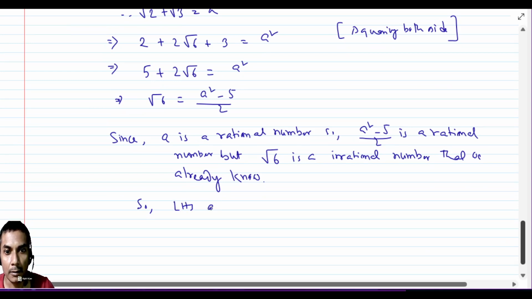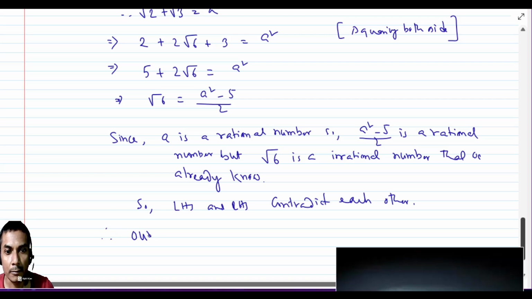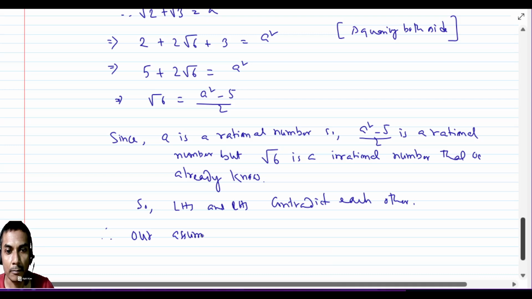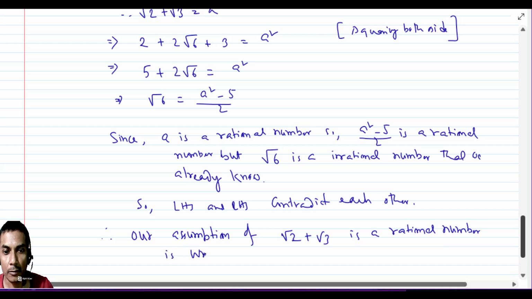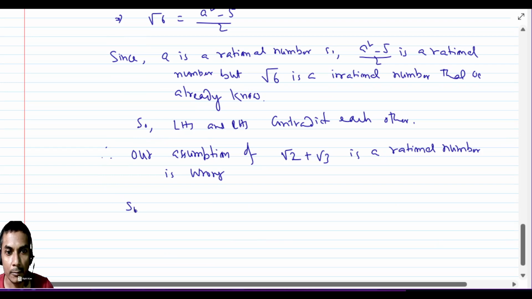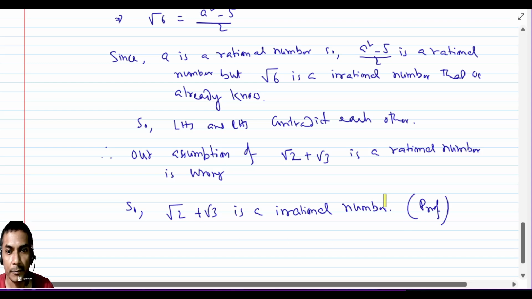LHS and RHS contradict each other. Our assumption that root 2 plus root 3 is a rational number is wrong. Proof. Got it? So this is the proof.